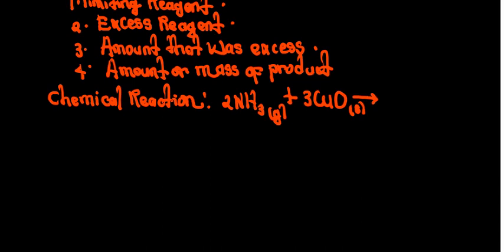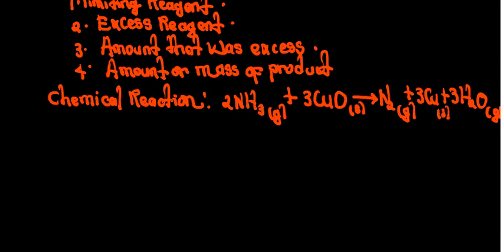Then we're given N2 plus 3, that's the copper there, and then plus the 3. Okay, that's what we've been given there. And of course, we know this was a gas, and we know this was solid.